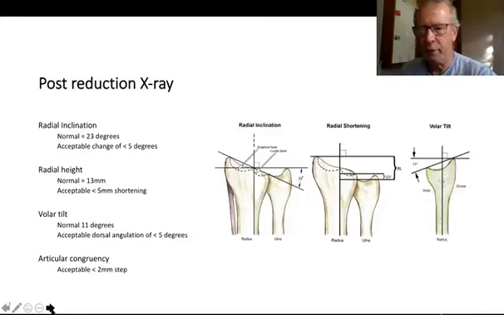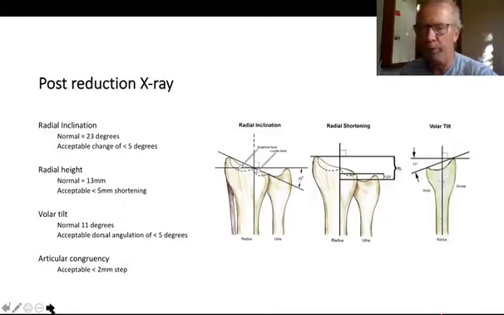Then the other thing that's important is radial height or radial shortening. If you measure from the tip of the radial styloid to where the ulna abuts against the radius, that height should be around 13 millimeters. And then volar tilt, that's a lateral X-ray, and the distal radius normally tilts volarly by 11 degrees.